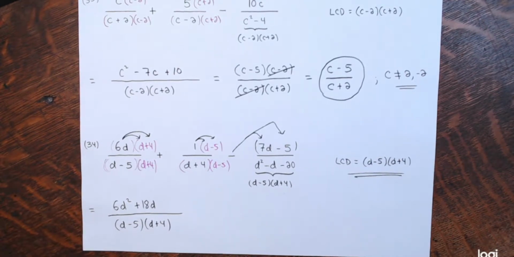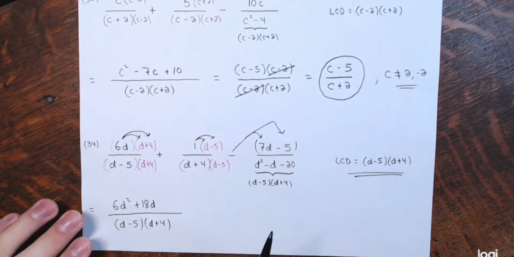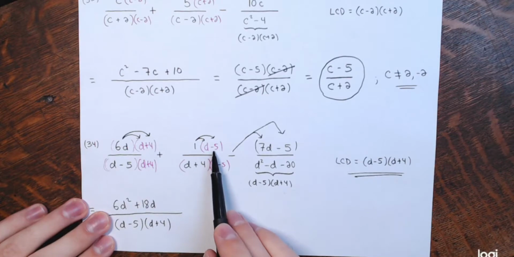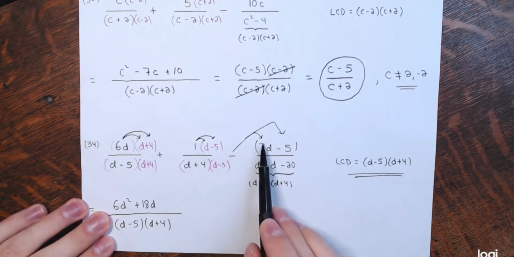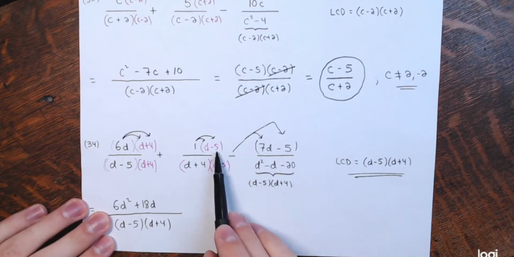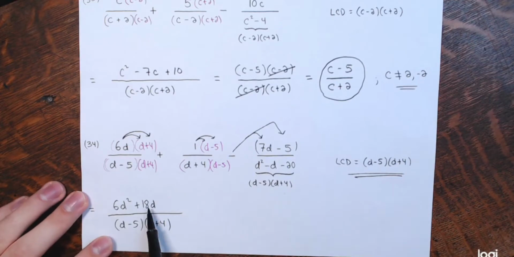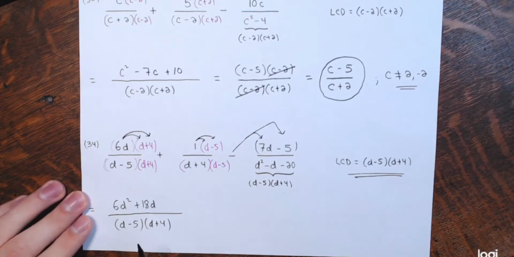Then there's no constant term in the first numerator. There's negative 5 in the second numerator, minus negative 5 in the third numerator. Negative 5 minus negative 5 would be negative 5 plus 5, or 0. So there's no constant terms left. So I'm left with 6d squared plus 18d.